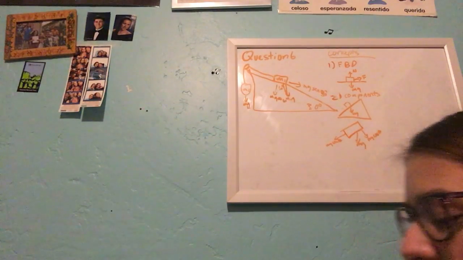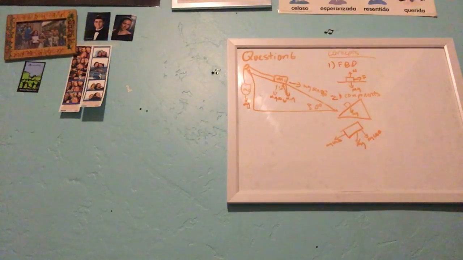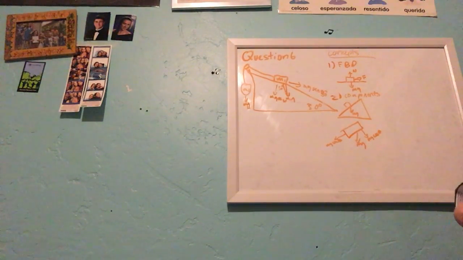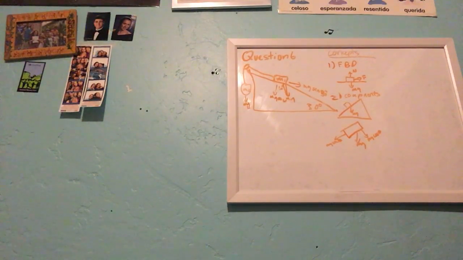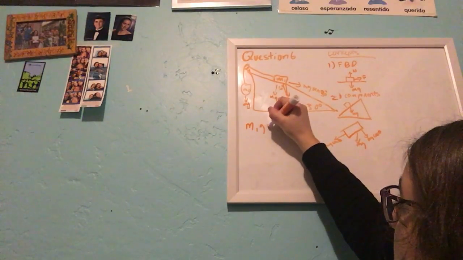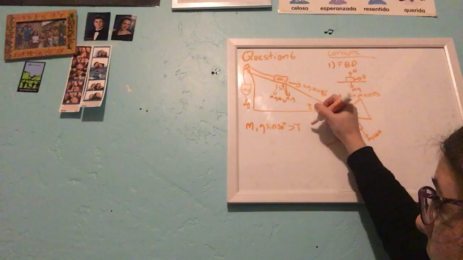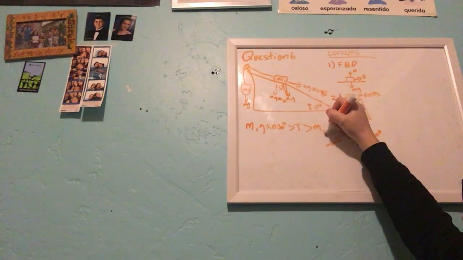Now after breaking up into components, the one that's making M1 accelerate down is M1g sine 30 degrees. So what that means is that M1g sine 30 has to be greater than the tension, than M2g.